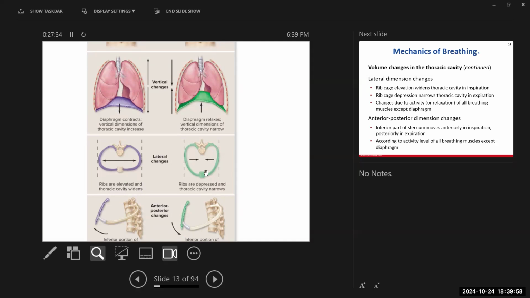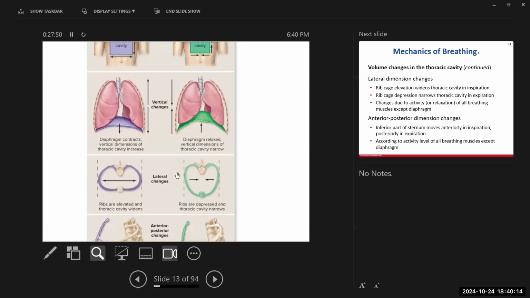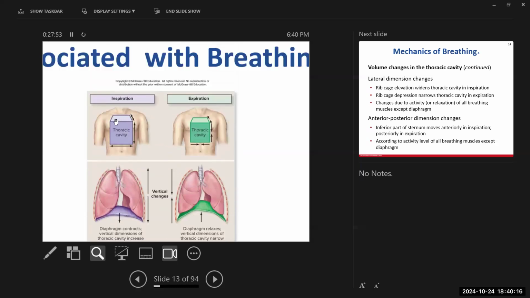And then finally, when everything relaxes, the inferior portion of the sternum moves back to its original position. So if you measure from the posterior surface of the sternum back to the spine, there's less space in here. So essentially, we changed our box. In inspiration, the box gets bigger. In expiration, it gets smaller. That's the volume.